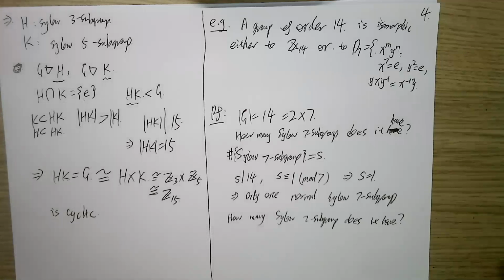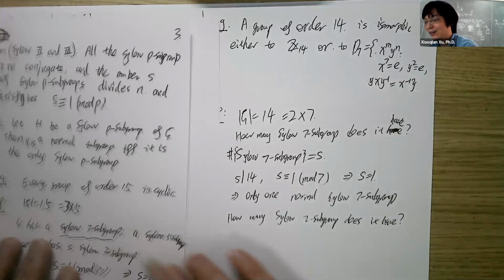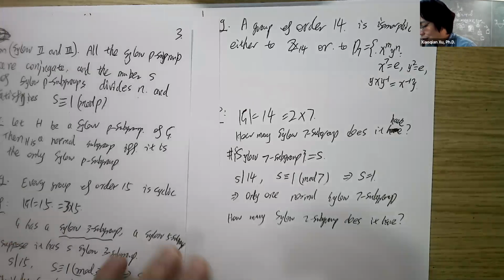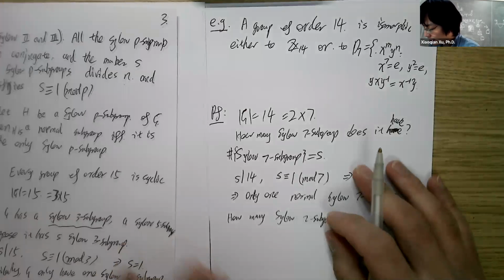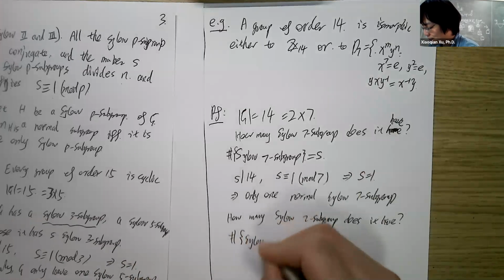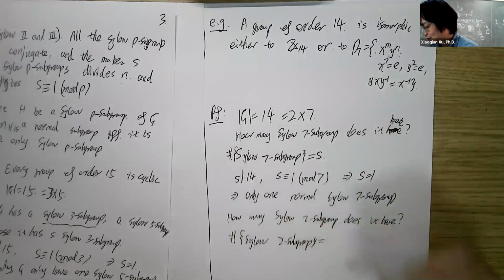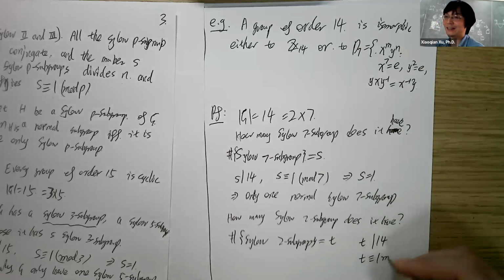Do we do the same thing again? Yeah, we could definitely do the same thing again. So we know that the number of Sylow 2-subgroups, let's say it's t, is a factor of 14, and t mod 2 equals 1, which means t is an odd number.